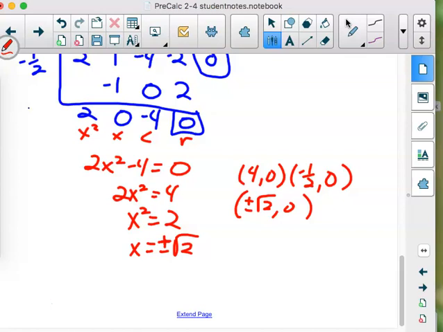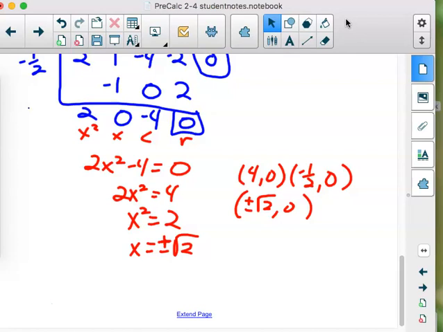Positive square root of 2, 0, and negative square root of 2, 0. So we have all 4. They were all real. We didn't have any imaginaries to work with here. We found them all. So this is what we're trying to get to, finding all the zeros, imaginary, real, whatever they may be, and knowing that we have them all.